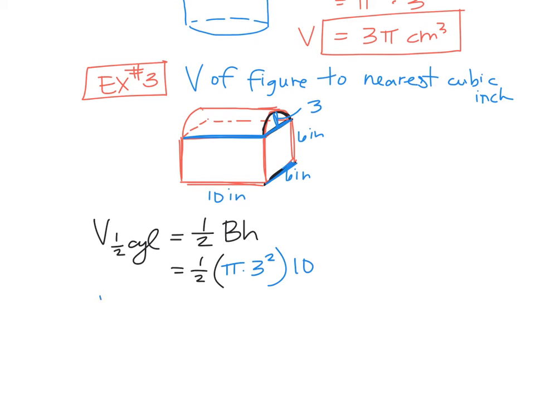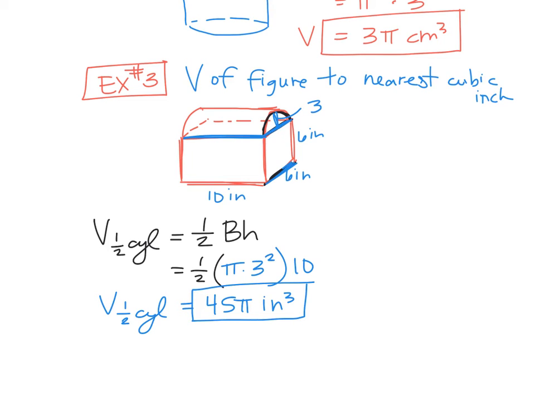Okay, so for the volume of half a cylinder, you are doing 1/2 times 3 squared times 10, so that's going to be 45 pi. Oh, this is inches. I did centimeters. Okay, so right now this is an exact answer. We're going to round in the end, but for now we know the half cylinder is 45 pi.